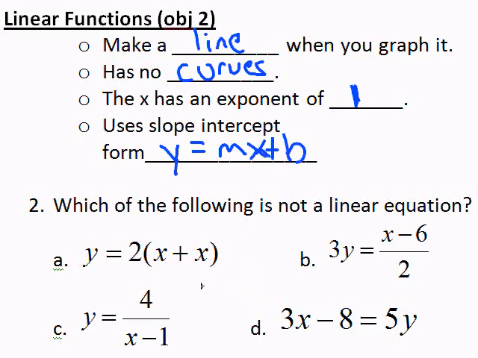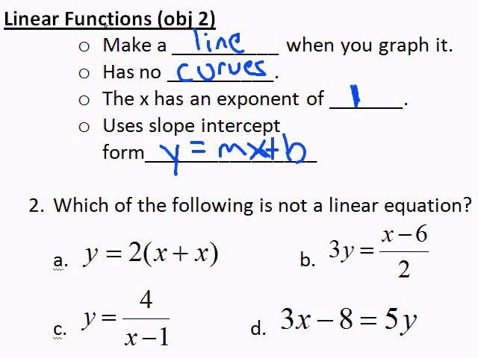And we've got a question that follows along with this. Which of the following is not a linear equation? Now, if y is already by itself, you could put these in your graphing calculator and graph them. But it's a lot easier just to notice, at least for this one right here, that those x's are not any bigger than 1 as far as the exponent goes.